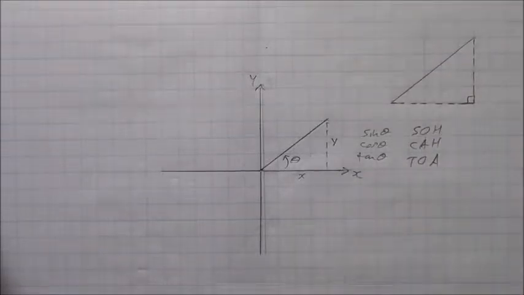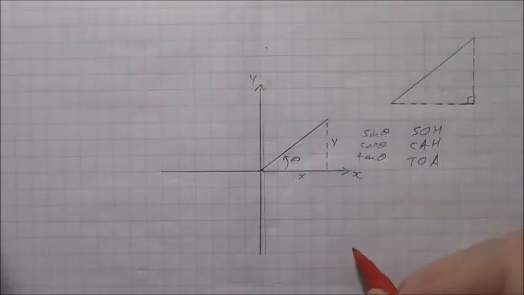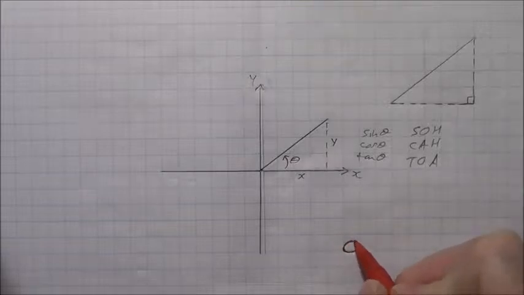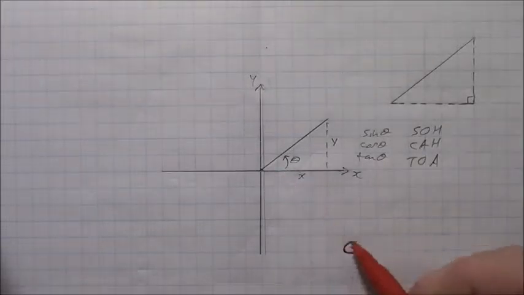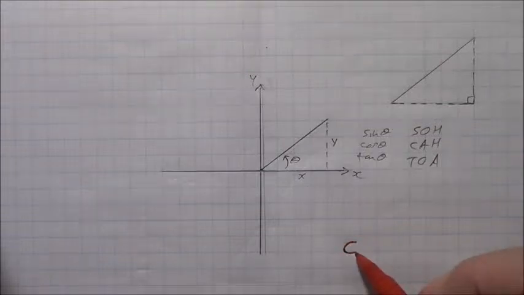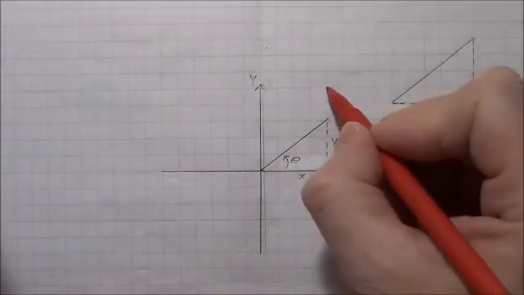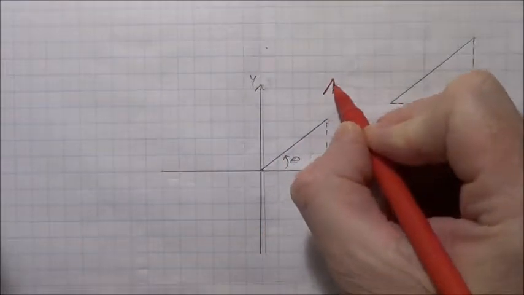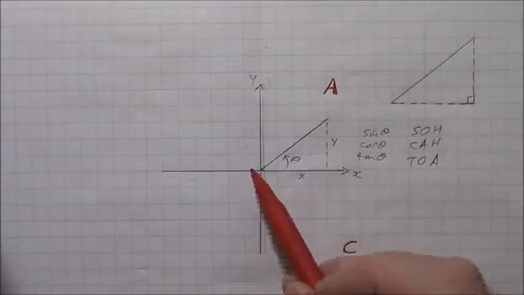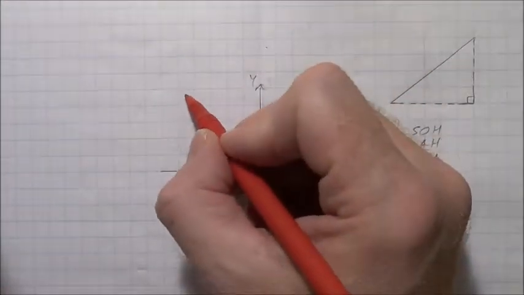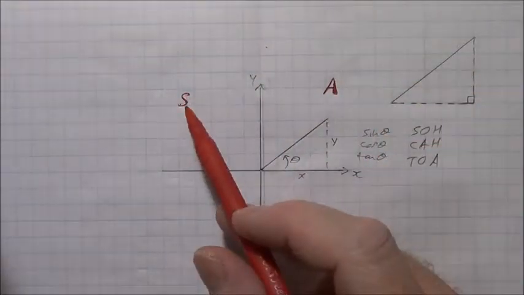And in addition to this, we have to keep in mind the CAST rule. There's another video on the development of the CAST rule. If the terminal arm stops in the fourth quadrant, only the cosine ratio is positive. If the terminal arm is in the first quadrant, all of the trigonometric ratios are positive. If it stops in the second quadrant, then only sine is positive.